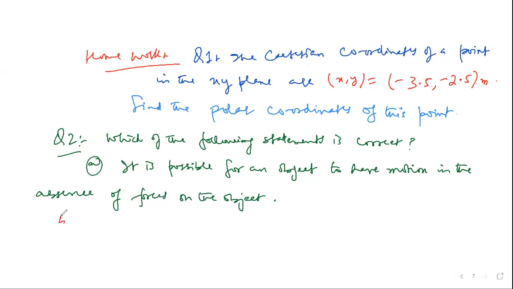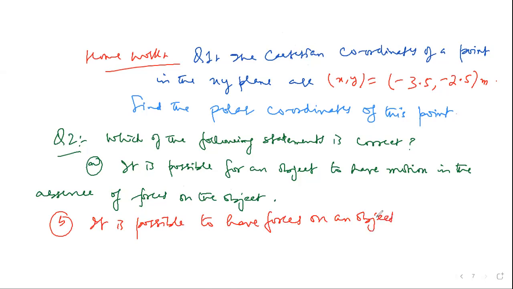Second statement, B: it is possible to have forces on an object in the absence of motion of the object.